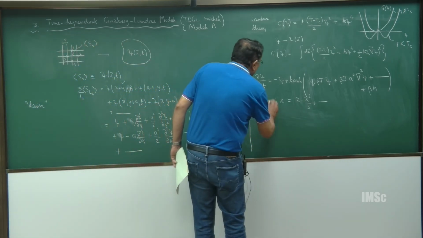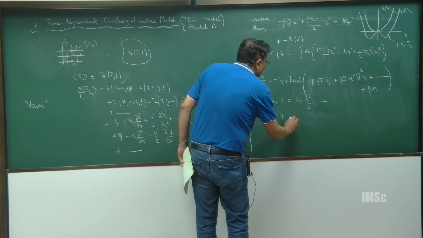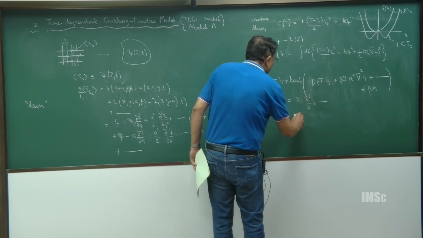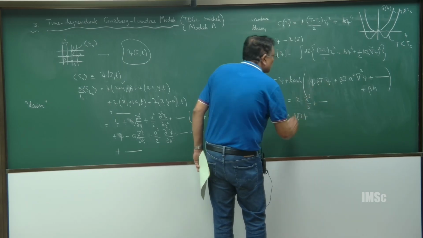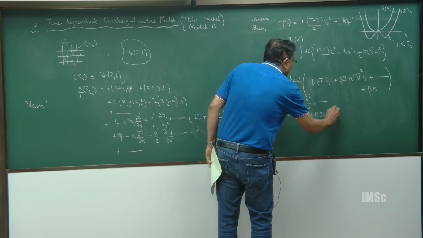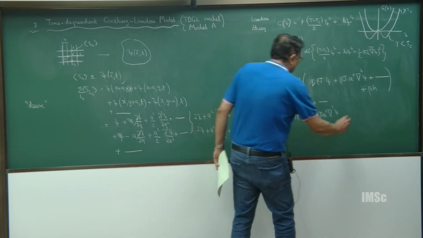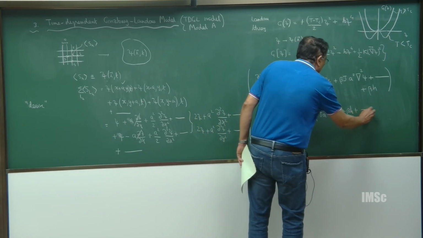This becomes equal to minus psi plus x, which is just q beta j psi, plus beta j a squared grad squared psi, plus beta h, plus higher order terms.